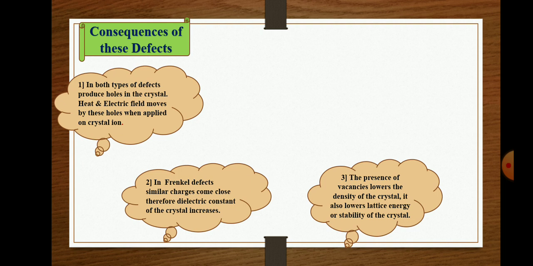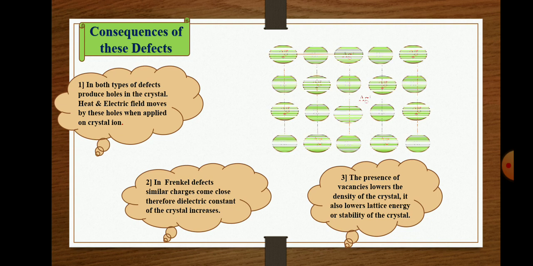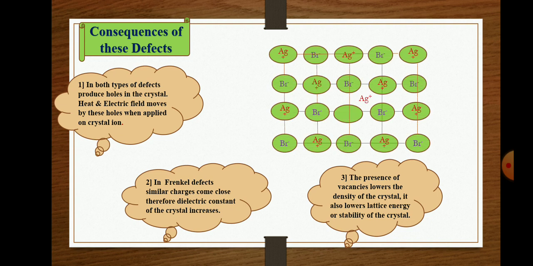Now the first consequence we have to learn, student, this is a Frenkel defect where silver ion is misplaced from its lattice point and present in interstitial sites. Now in this crystal lattice, when you apply the electric field, the electrons occupy these vacant sites and move from this.